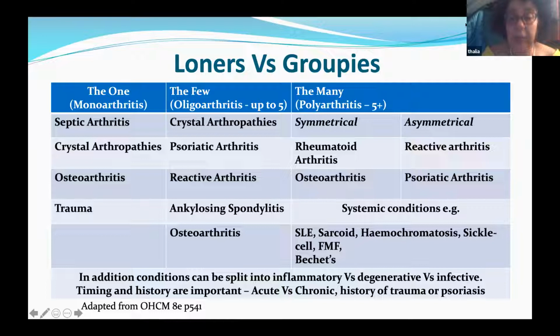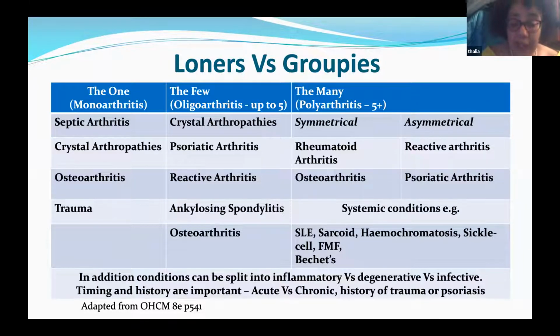and the asymmetrical has reactive arthritis, psoriatic. In this group, he also included the systemic conditions such as lupus, sarcoidosis, hemochromatosis, sickle cell disease, familial Mediterranean fever, Behçet's disease.